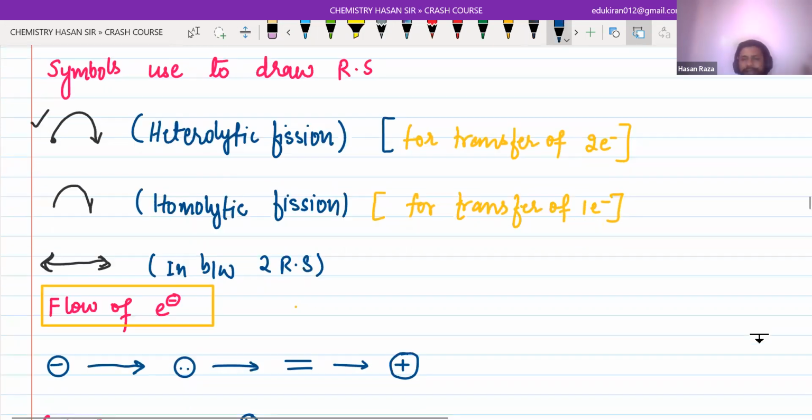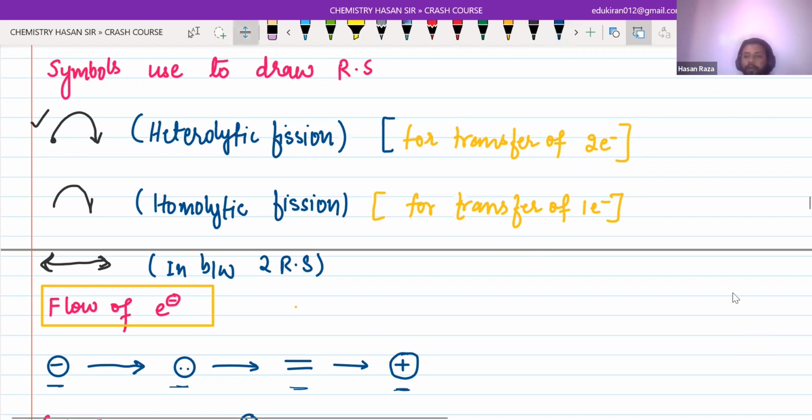You know that current flows from higher potential to lower potential, right? Always remember that resonance works in the same manner, from higher potential of charge to lower potential of charge. Here, the highest potential of charge is negative, then lone pair, then pi bond, and then comes the vacant orbital.